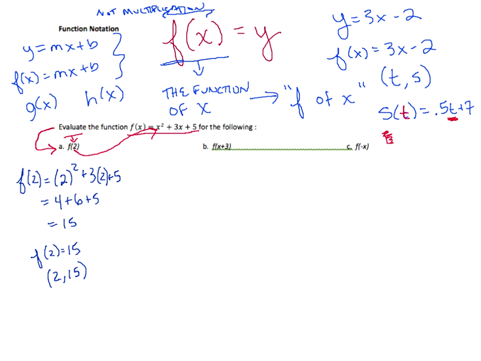This function is going to look something like this, sitting in the plane. And sure enough, you would find the point (2, 15) on the function. So these are the two main ways that we would represent that data, or we could represent it in an XY table.